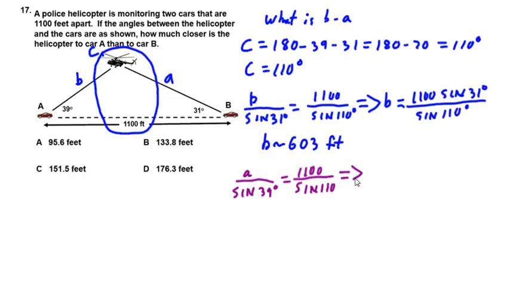It's the same as the problem above. Our answer is A equals 1,100 times the sine of 39 degrees over the sine of 110 degrees.